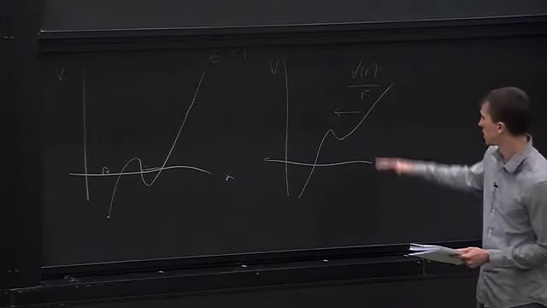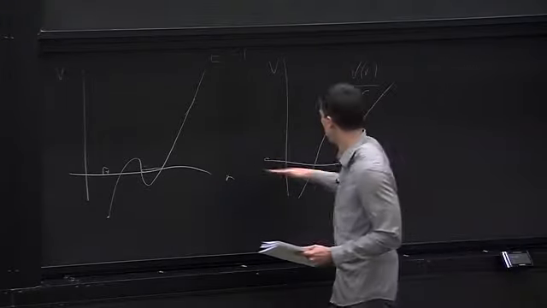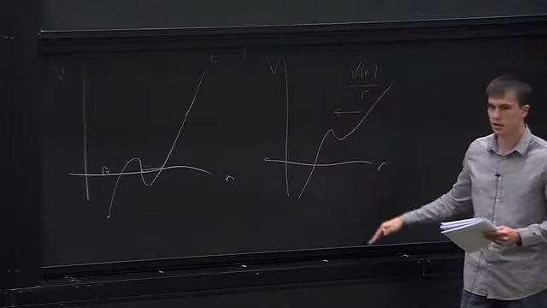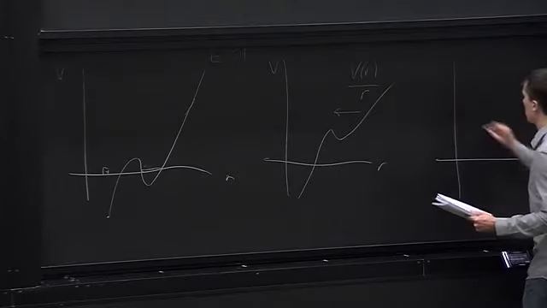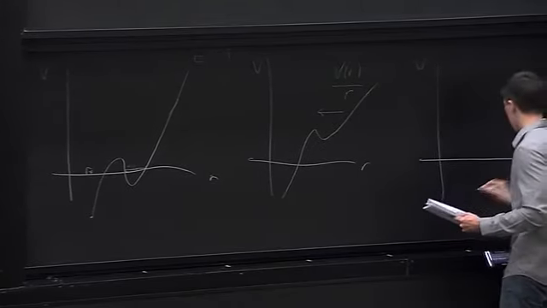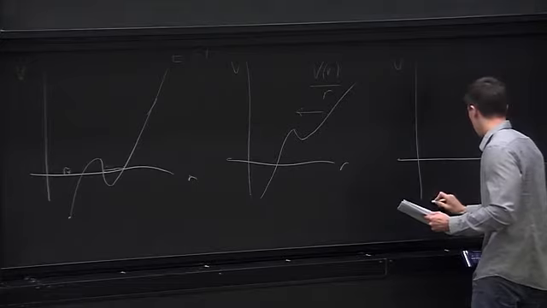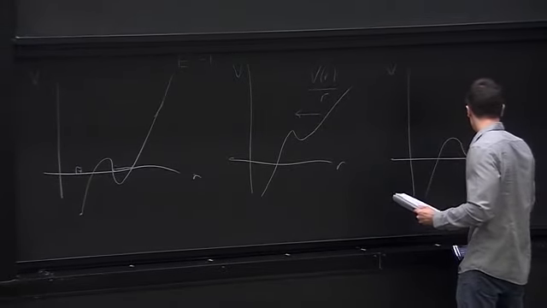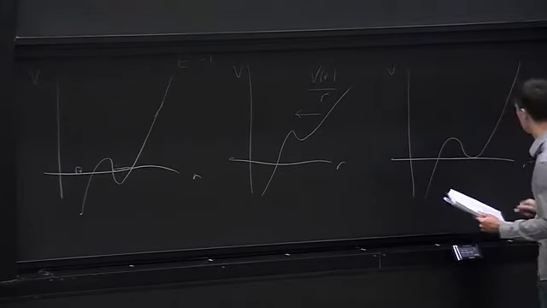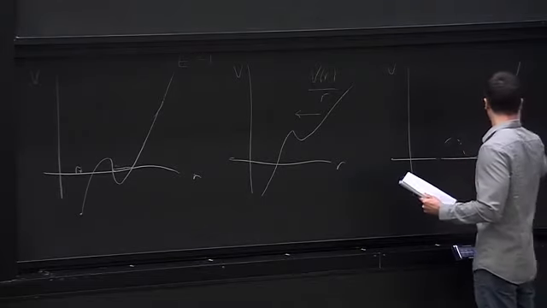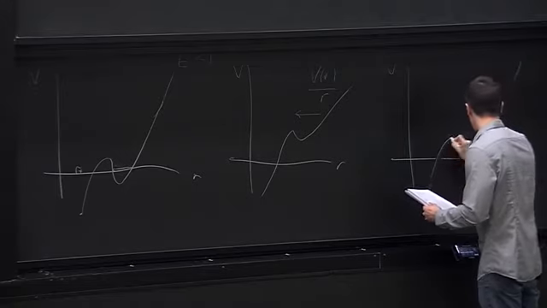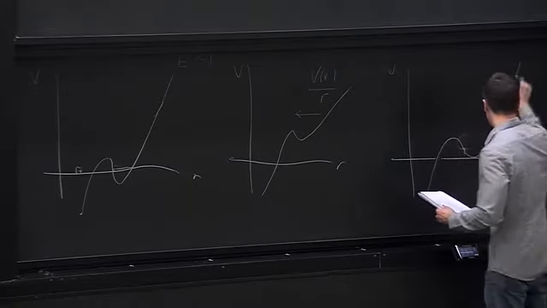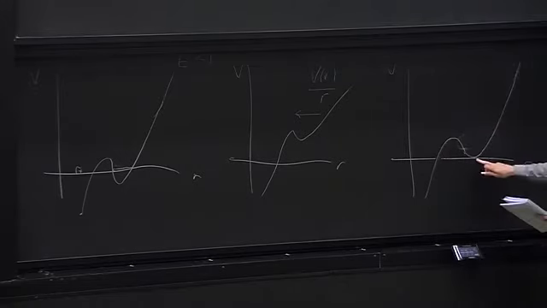So the marginal case between these two different possibilities occurs when we basically have our function just barely touch V equals 0.